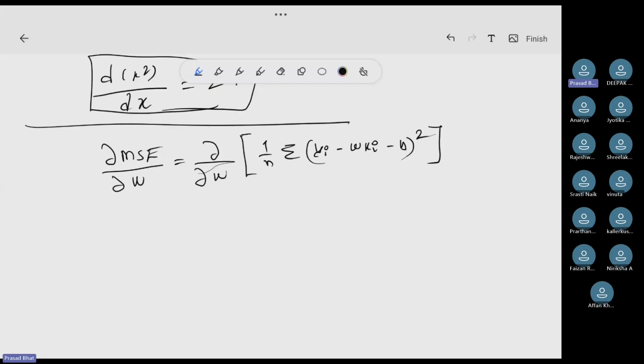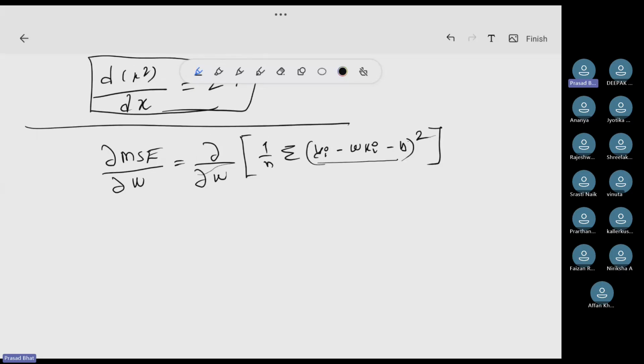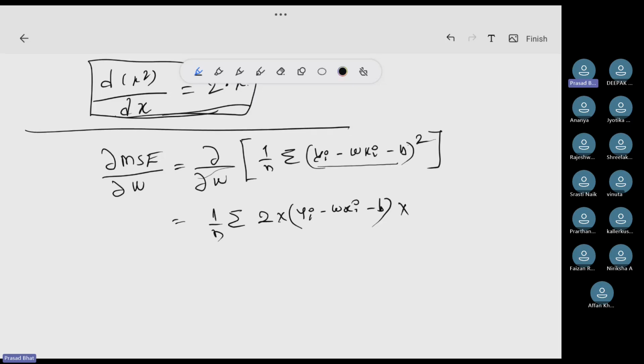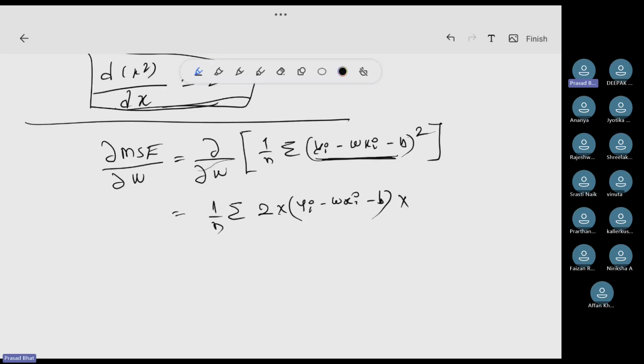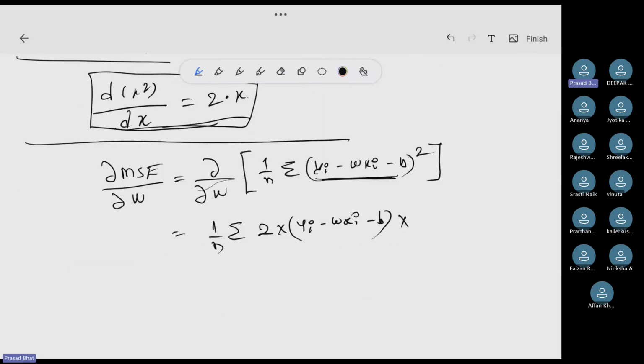First, I need to take the derivative of this entire term with respect to this inner expression. So it is going to be 1 over n sigma 2 into (yi minus w xi minus b), right? And then multiply it with the partial derivative with respect to w of this inner equation. Look at this part. So what is it going to be?